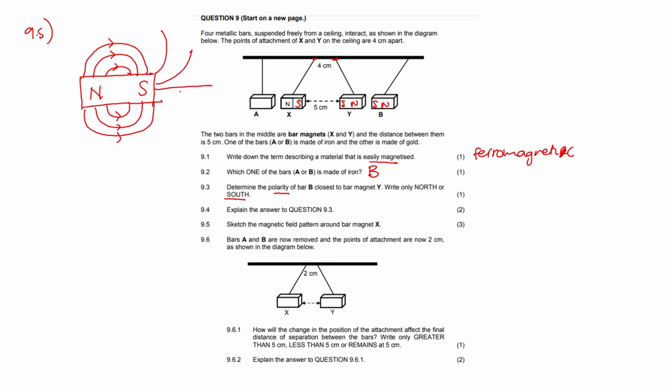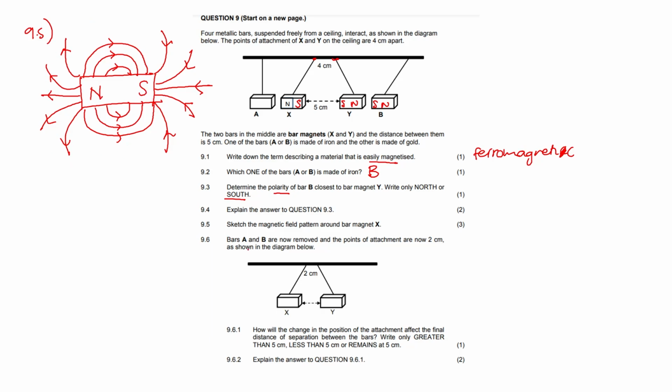Remember, one has to go straight and then like that. See, none of them touch. So these will go inward, remember, and the norths will go out. So just draw a similar pattern. Very easy 3 marker there, guys. So this is how one bar magnet should look.